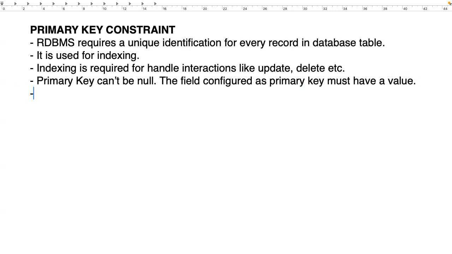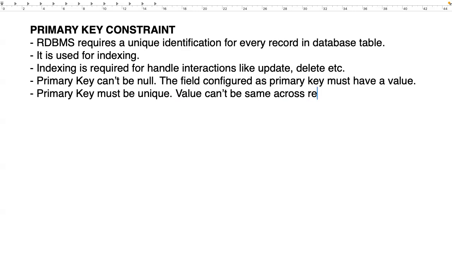Understood? Another important point is primary key must be unique. That means the value cannot be the same across records.